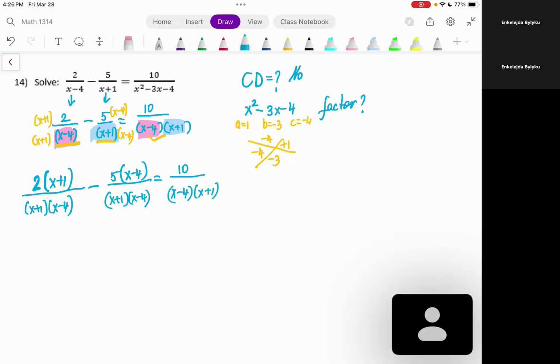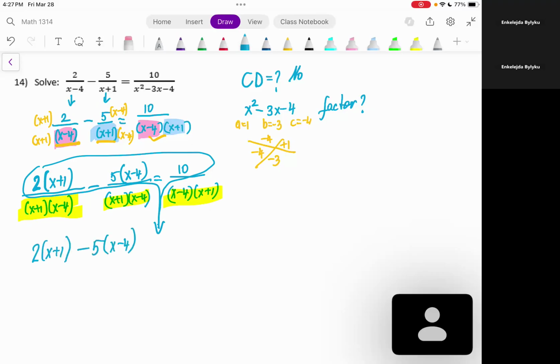Now, if you notice, the denominators are the same. Therefore, I'm going to create a new equation with only the numerators. I don't need the denominators anymore. So we get 2(x plus 1) minus 5(x minus 4) equals 10.